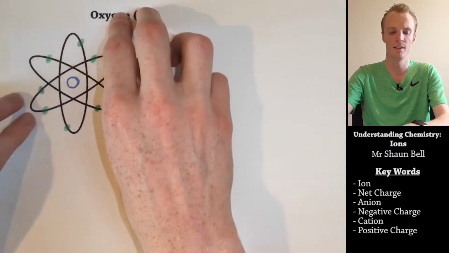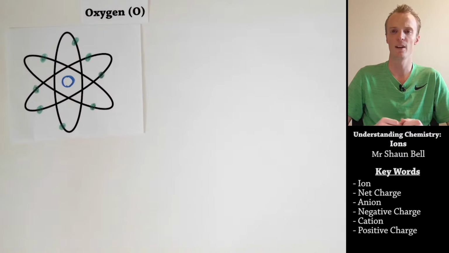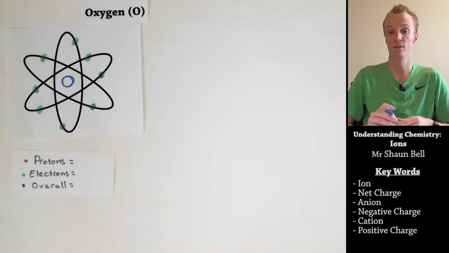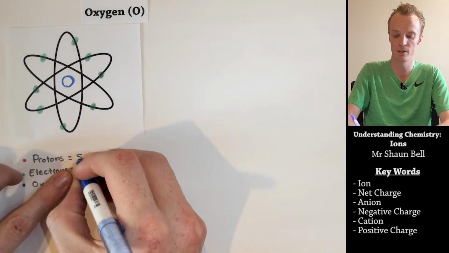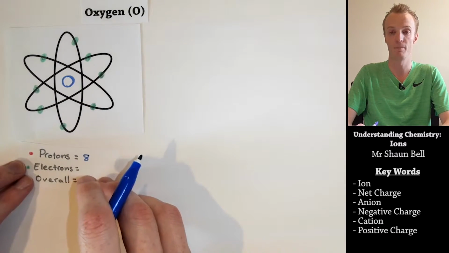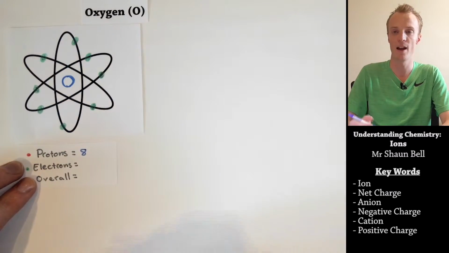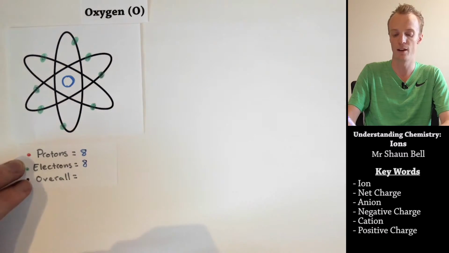So let's consider this image of an oxygen atom for a moment. Now, how do we work out whether this atom is an ion? Well, we begin by counting the total number of protons. Oxygen always has 8 protons because its atomic number is 8. Now, if we count the number of electrons in my atom here, we'll know that the number of electrons is also 8.